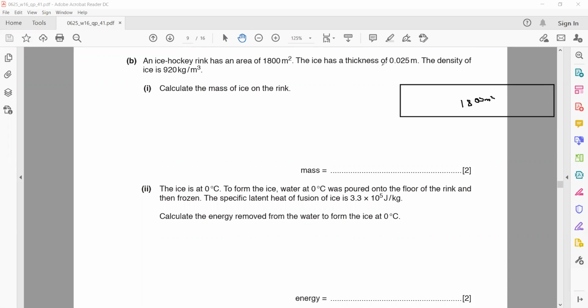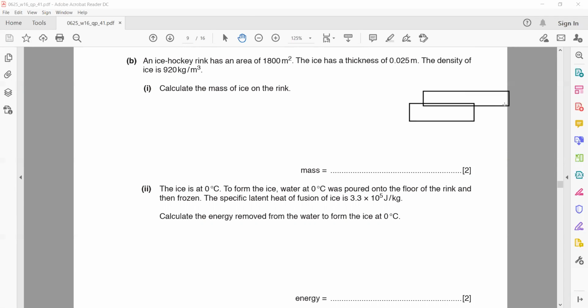The ice has a thickness, so the thickness of this ice is 0.025 and the area is 1800 meters square. The density is 920. Calculate the mass.